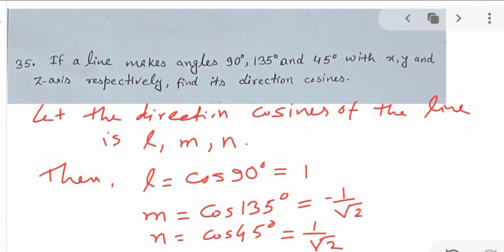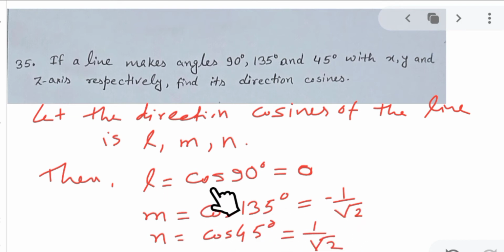So direction cosine, I will write in short, DC of the line; you can write the short form in the exam. L value is cos 90, which is 0 here. Sorry, just correct this: cos 90 is 0, not 1. So L is 0, M value is cos 135, which is minus 1 upon root 2, and N value is 1 upon root 2.